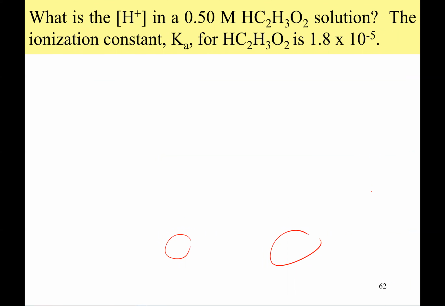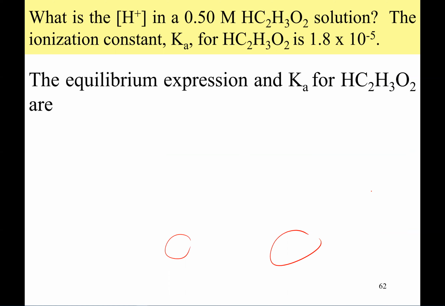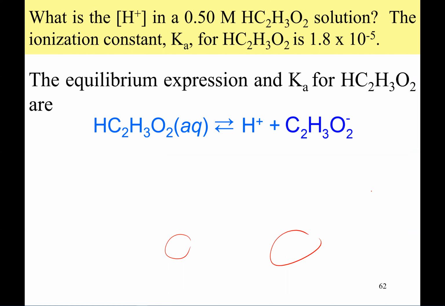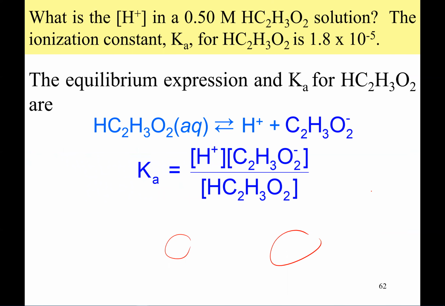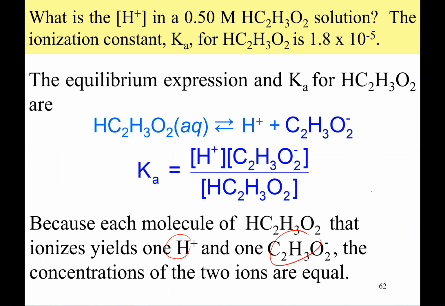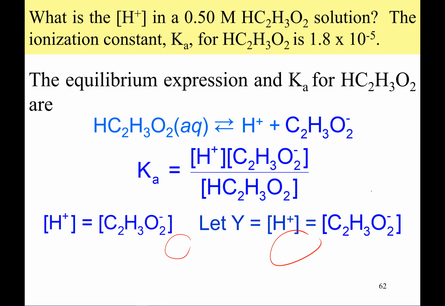What is the H plus concentration in a 0.5 molar acetic acid solution? The Ka is 1.8 times 10 to the minus 5. You put the equilibrium expression there. You plug the values in there. Because each molecule yields one H plus and one acetate, the concentrations of the two ions are equal.